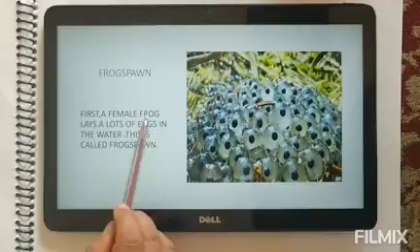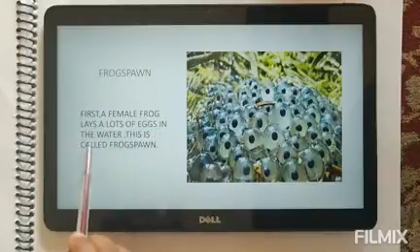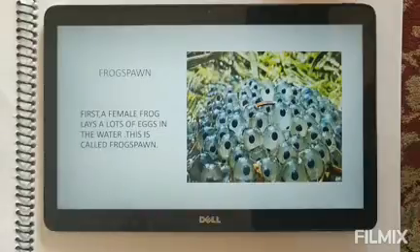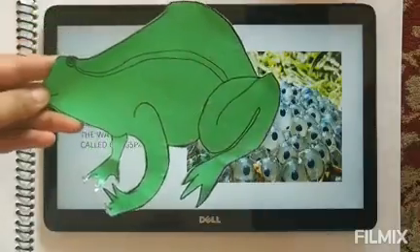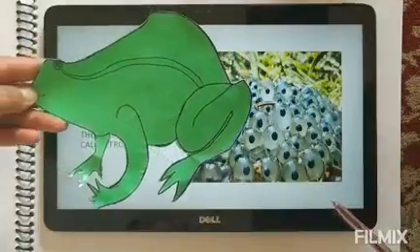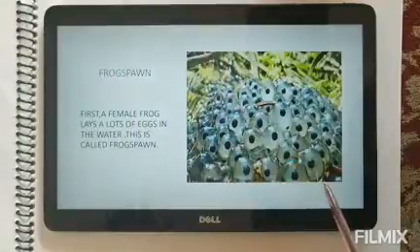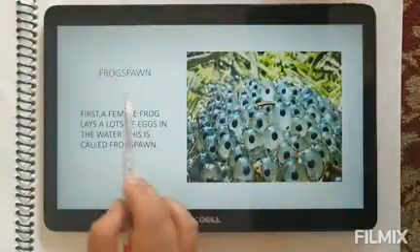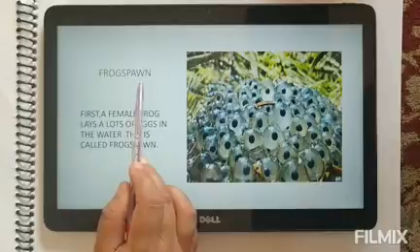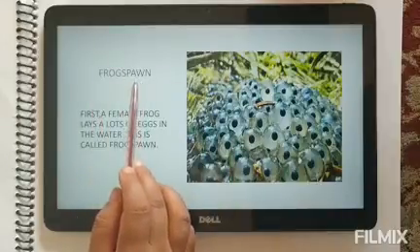First, a female frog lays a lot of eggs in water. So I have already told you that the mother frog will lay a lot of eggs in water or a pond. And the cluster is called a frog spawn. What is it called? A frog spawn.